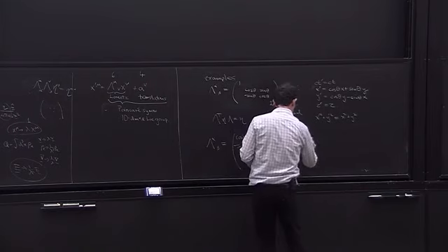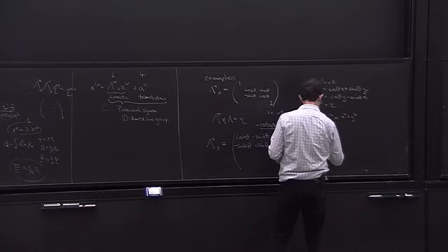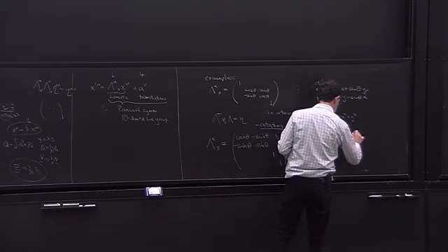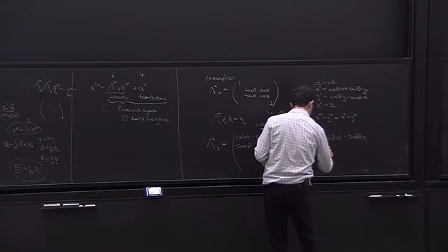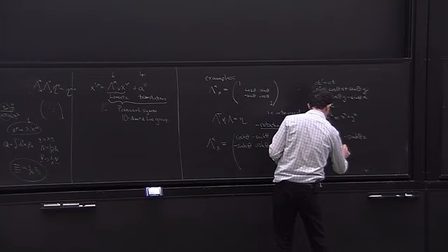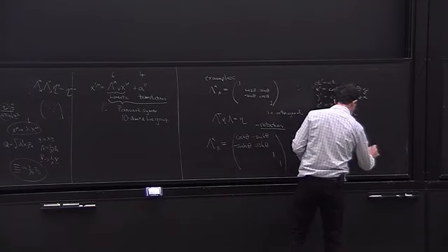So this looks like ct prime equals cosh theta ct minus sinh theta x. x prime is cosh theta x minus sinh theta ct.